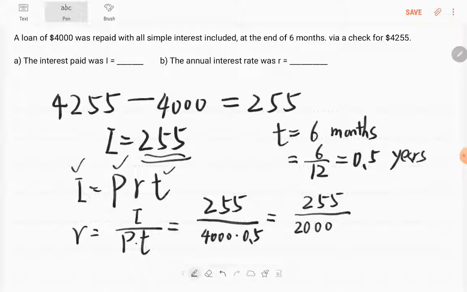Yes. So 255 divided by 2,000 is equal to 0.1275. But the rate should use the percentage, so we multiply by 100. So it's 12.75%. So this is the interest rate.